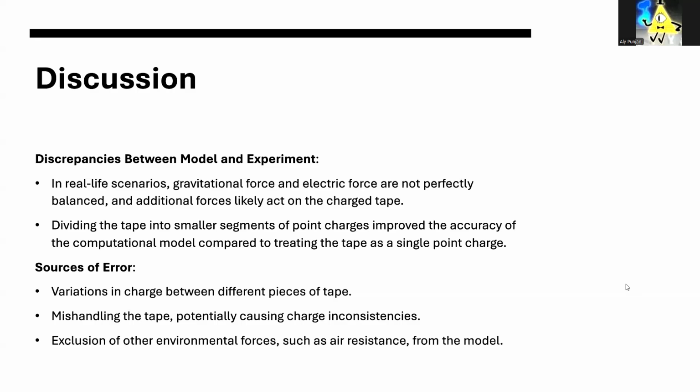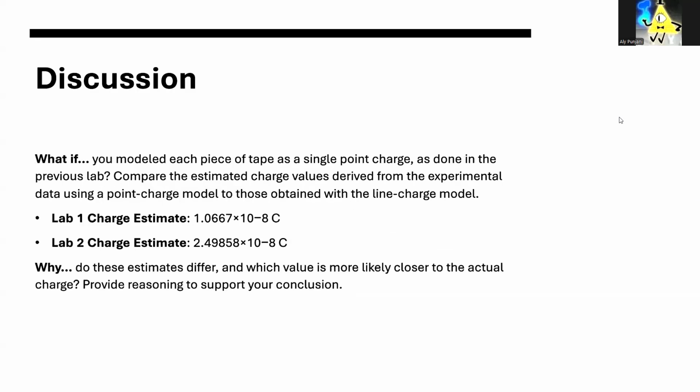What if? You model each piece of tape as a single point charge as in the previous lab. Compare the estimated charge values derived from the experimental data using a point charge model to those from a line charge model.